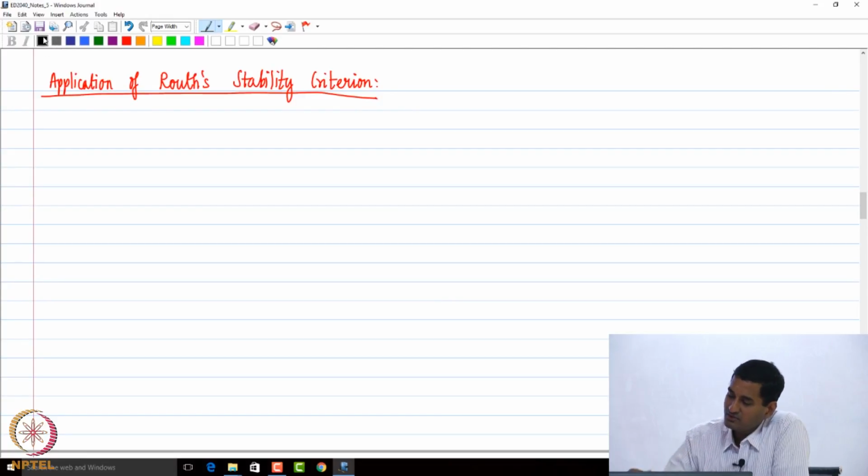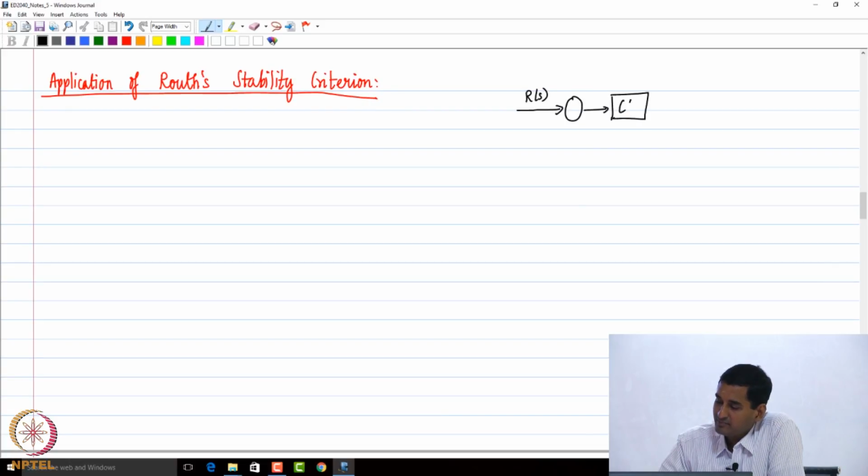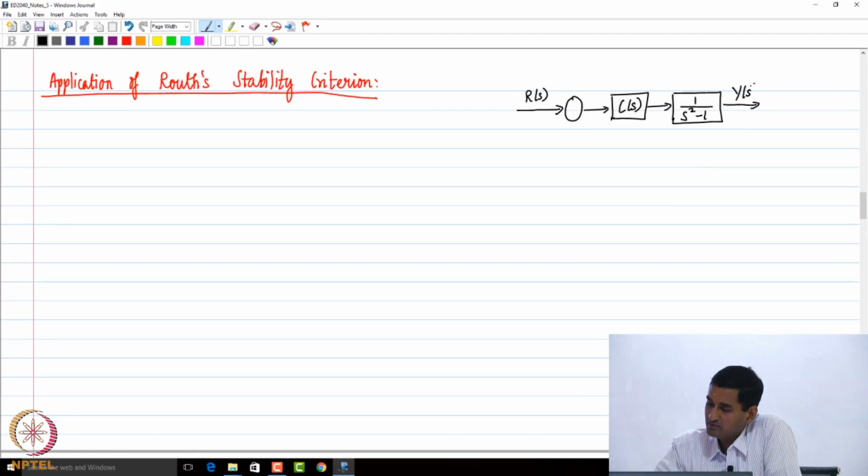Let's say I want you to design a negative feedback control system for a plant which has a transfer function like this, 1 by s squared minus 1. Let us say we consider unity negative feedback.